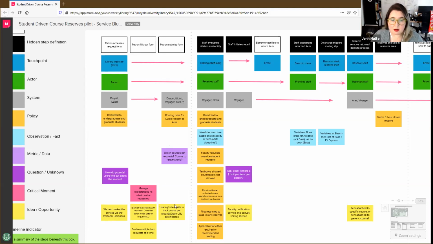And then another idea, using tags, the tag or notes fields to track courses per request. So again, just trying to make it easy to get that metric of what courses get requests in the course to request ratio.